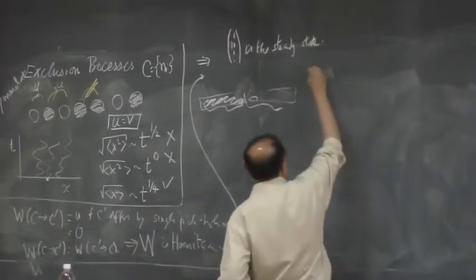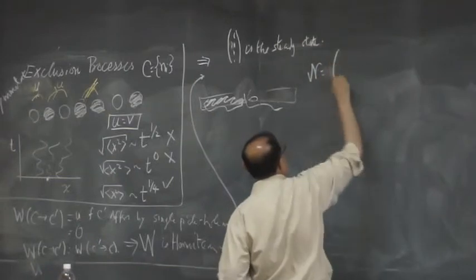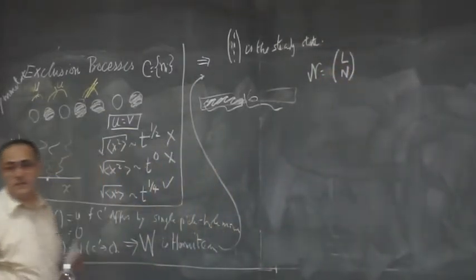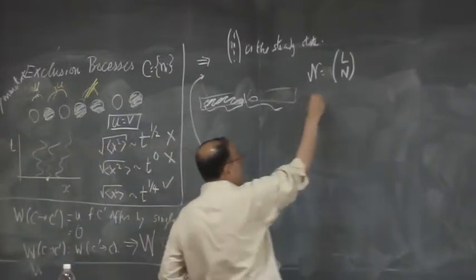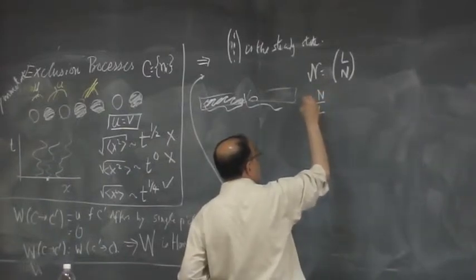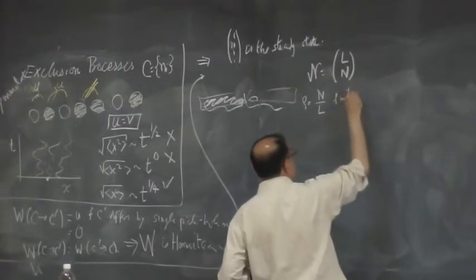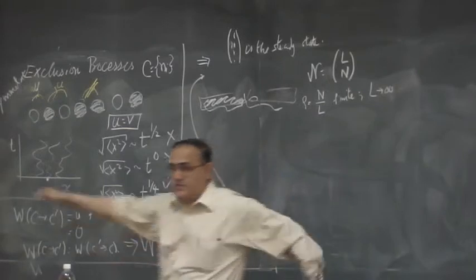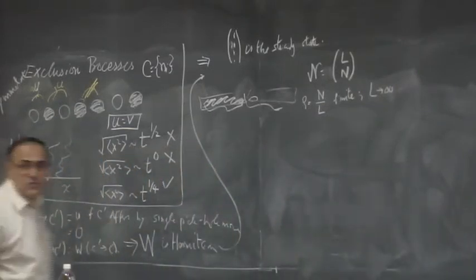What is the total number of configurations? Let me call it script N, and that's equal to L choose N, where N is the number of particles and L is the size of the system. We will usually be interested in the limit N over L finite, in other words fixed density, and L going to infinity. So a very large system with a finite density.